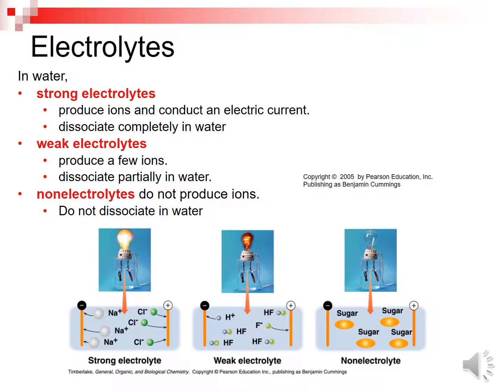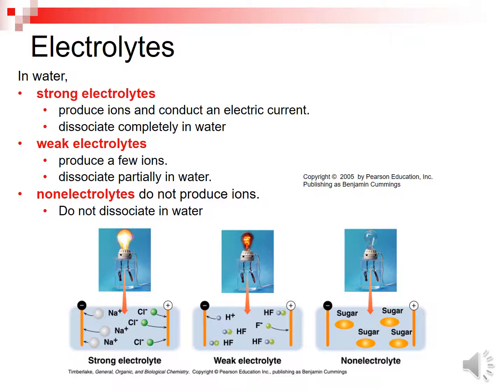As you can see by the electrical conductivity tester and the light bulb lighting up, the sodium ions can bring positive charge to the negative electrode. The negative ions can bring negative charge to the positive electrode, and as a result help the electricity flow through the solution.